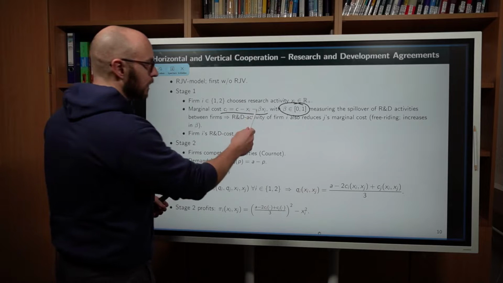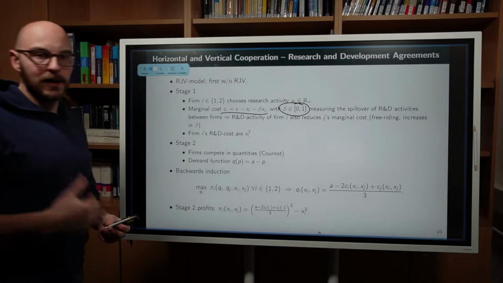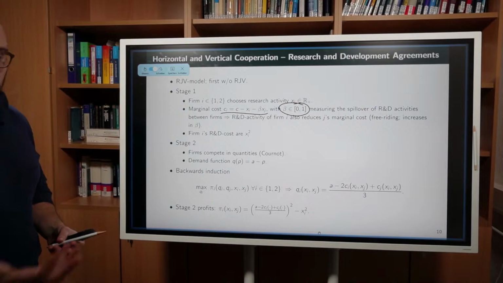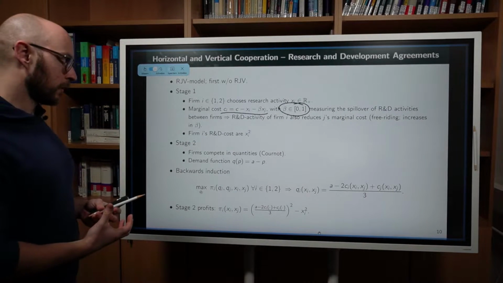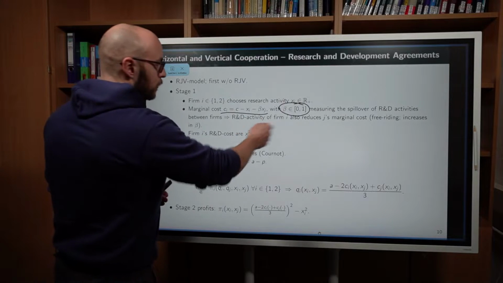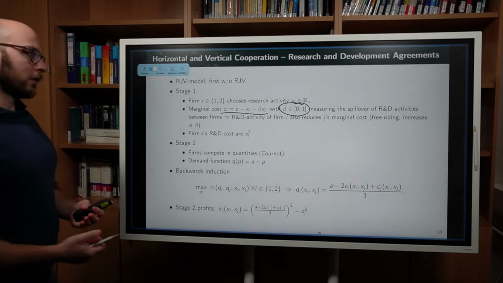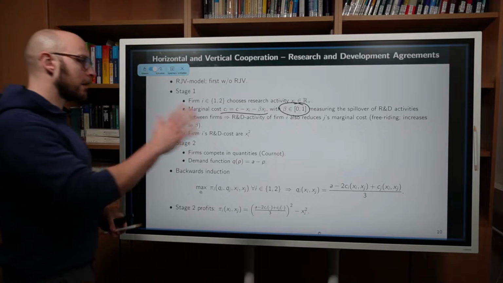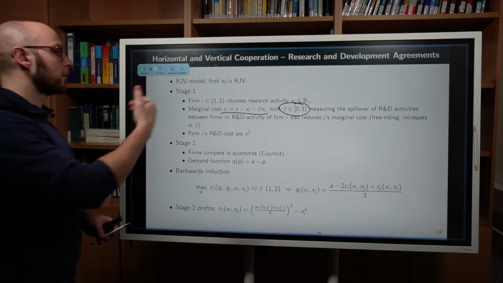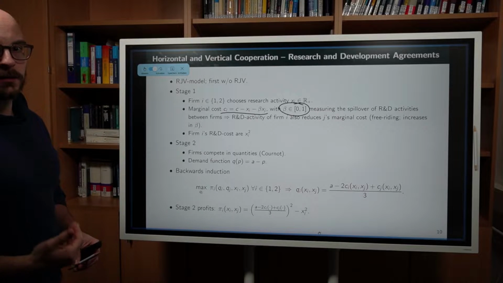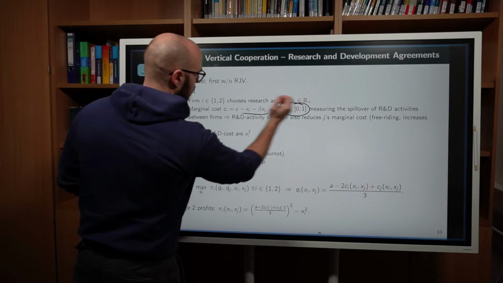The larger beta is, the higher the spillover effects, that means that the higher the research activity of the rival translates into a reduction of your own marginal cost. And if beta is 1, it's a situation where it doesn't really matter whether you do research or your rival does research, right? And that creates a free riding problem. So the higher beta, the more firm i can free ride on the research activity of firm j. And that creates an incentive problem here in terms of investment.